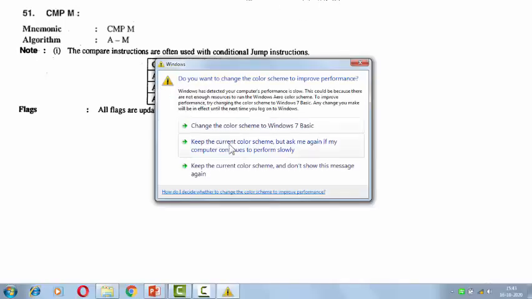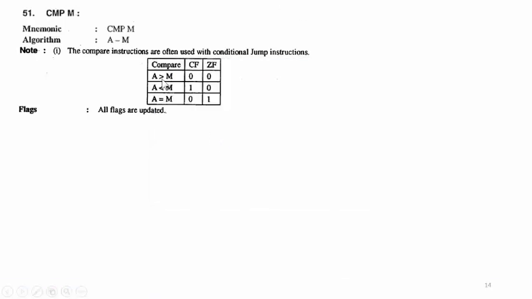Next, the comparison instruction from indirect addressing mode, that is, the accumulator content compared with the memory pointed content, and the result again is through flag bits. If the accumulator content is bigger than the memory pointed content, at that time you will get carry and zero flag as 0.